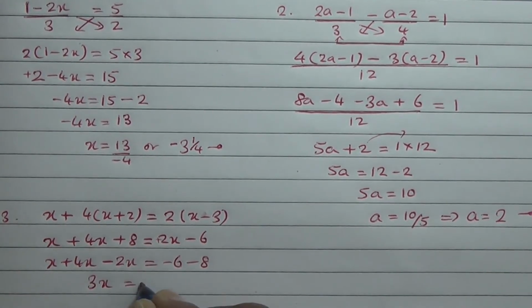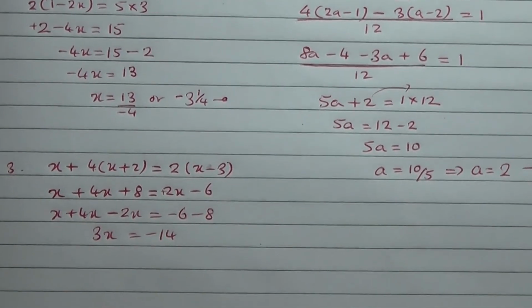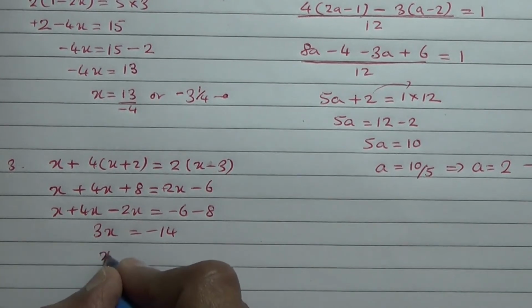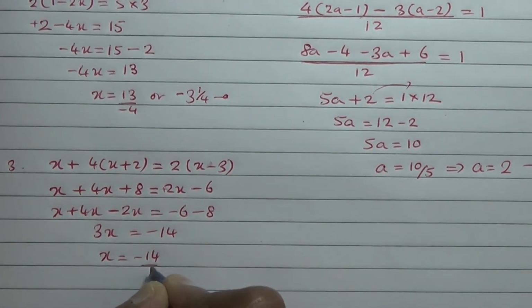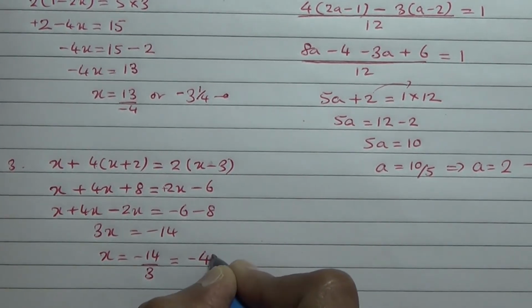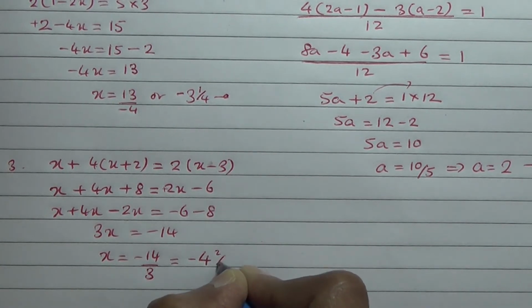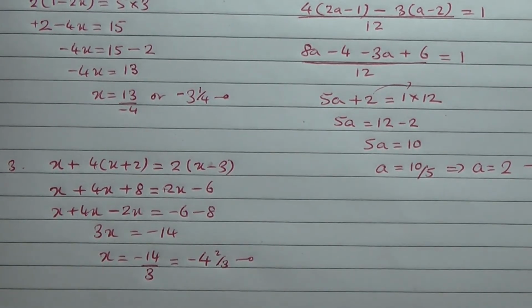Is equal to minus 14. And therefore, I've got x is equal to minus 14 divided by 3. That means it is minus 4 2/3. Or you can leave your answer as such if you want.